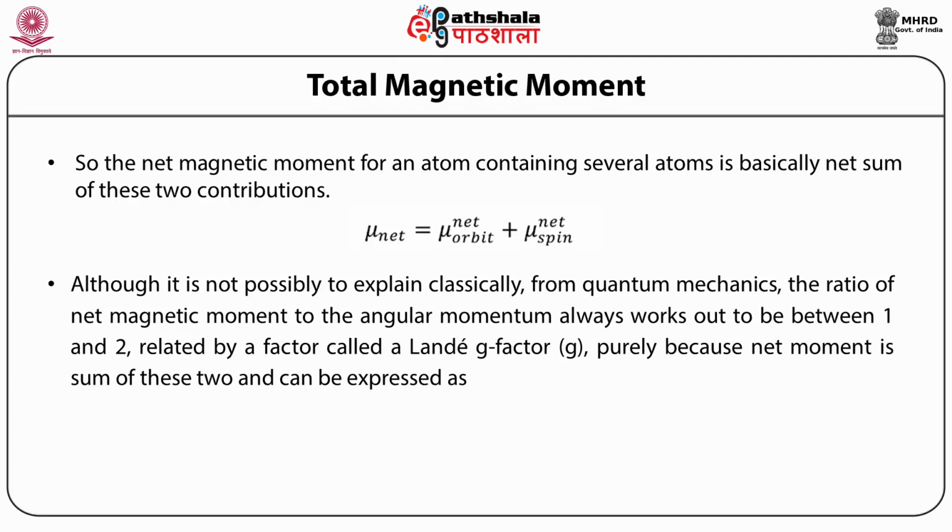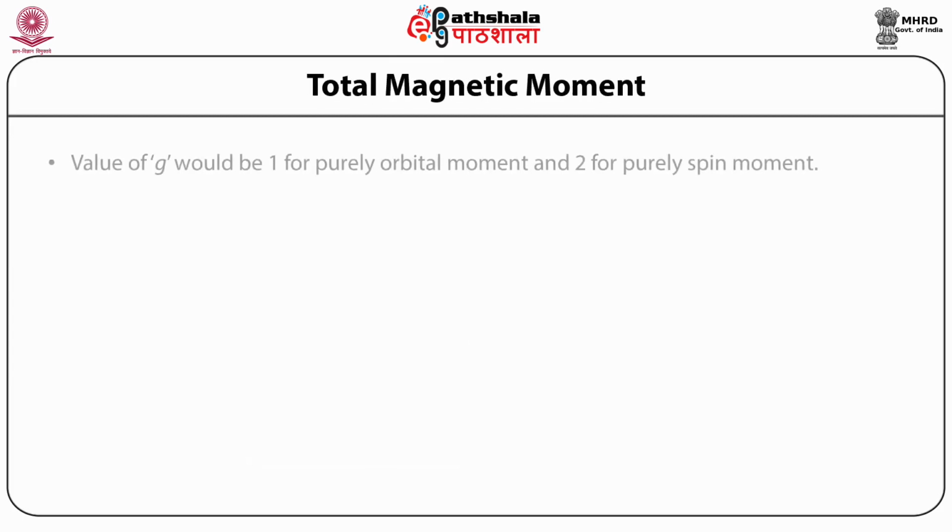This is related by a factor called Landé's g factor or g, purely because the net moment is the sum of these two and can be expressed as mu net is equal to minus g multiplied by e by 2m multiplied by J, where J is the summation of L plus S. Here, the value of g would be 1 for purely orbital moment and it is 2 for purely spin moment.